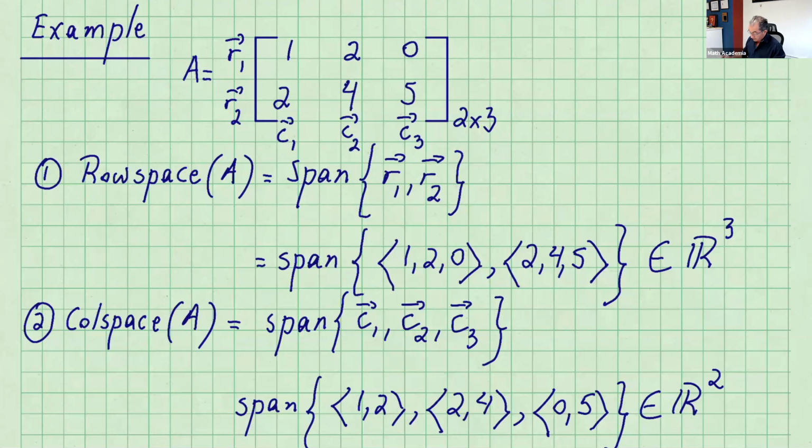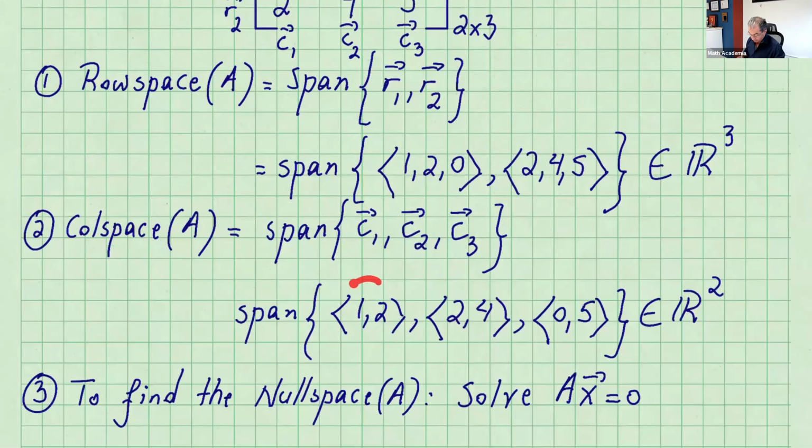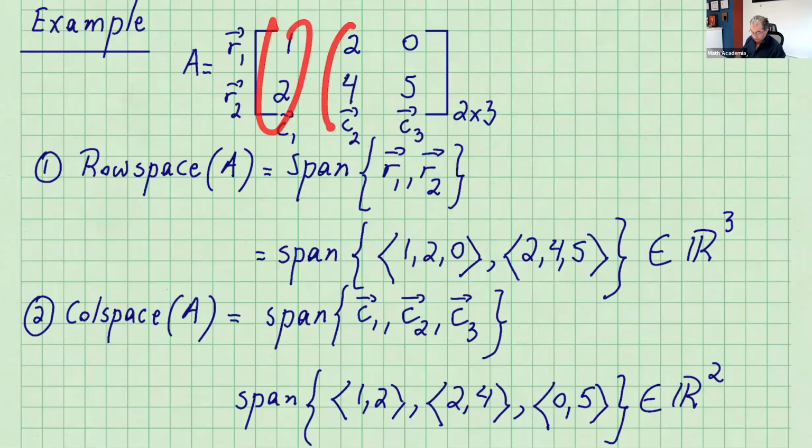As you notice, this is in R3, which is n in this case. The col space of A is the span of the column vectors C1, C2, C3, and if you write this, the span of (1, 2), (2, 4), and (0, 5), and that's in R2 right here.